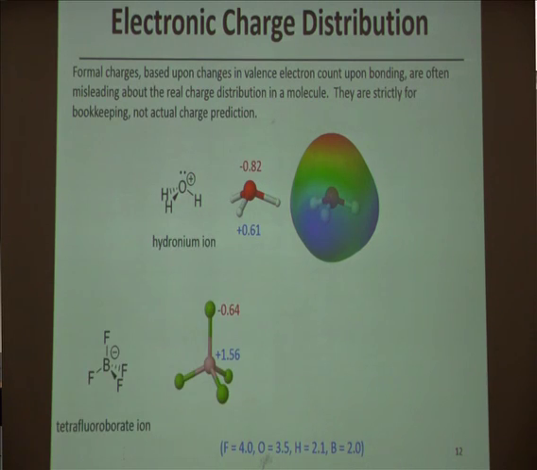Here's another example where formal charge doesn't do such a good job of representing the real charge. This is the tetrafluoroborate anion, where we have 4 fluorine atoms attached to a central boron. In order for boron to be tetravalent like this, it has to have a negative formal charge. It has 3 valence electrons.